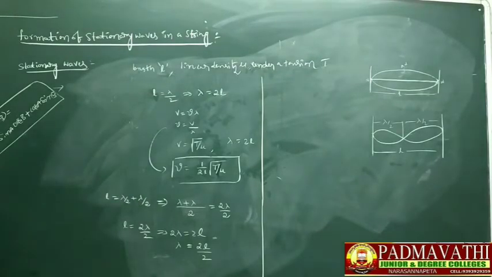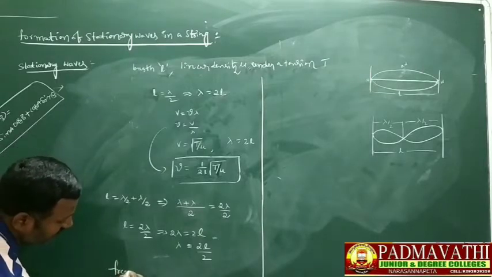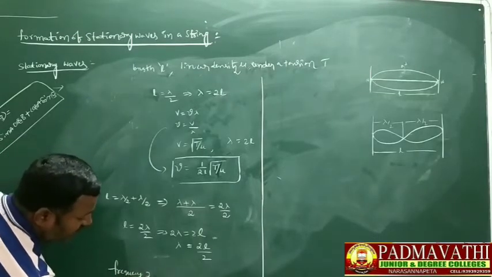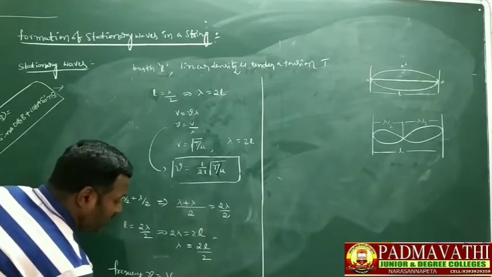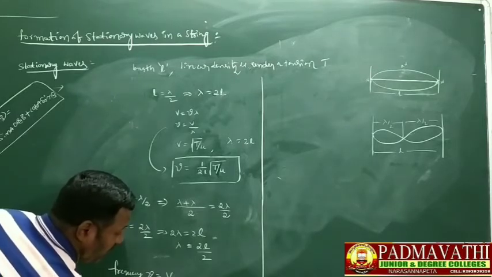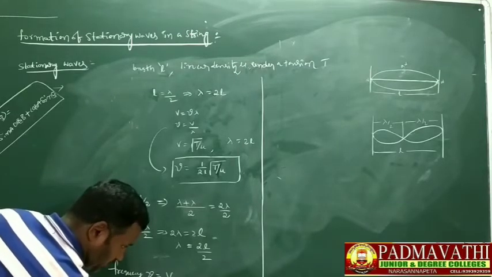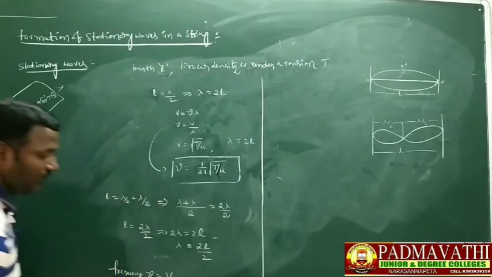According to the frequency equation, nu equals V by lambda. Here V equals root T by mu and lambda equals 2L by 2.